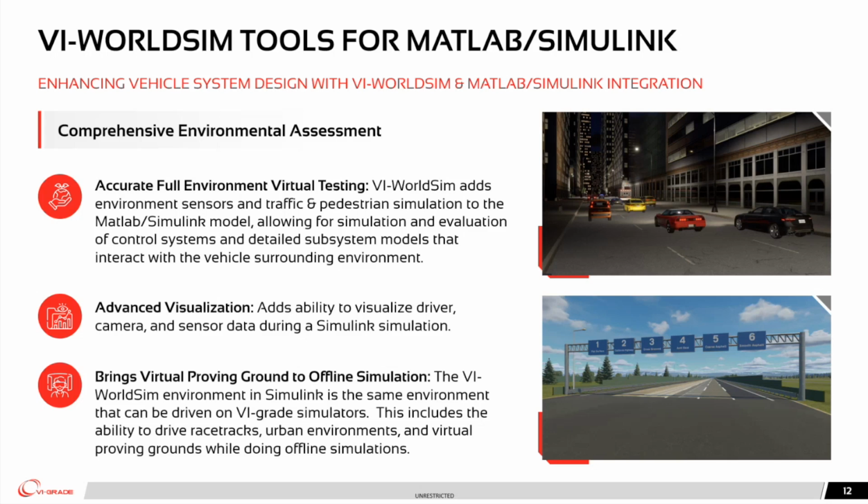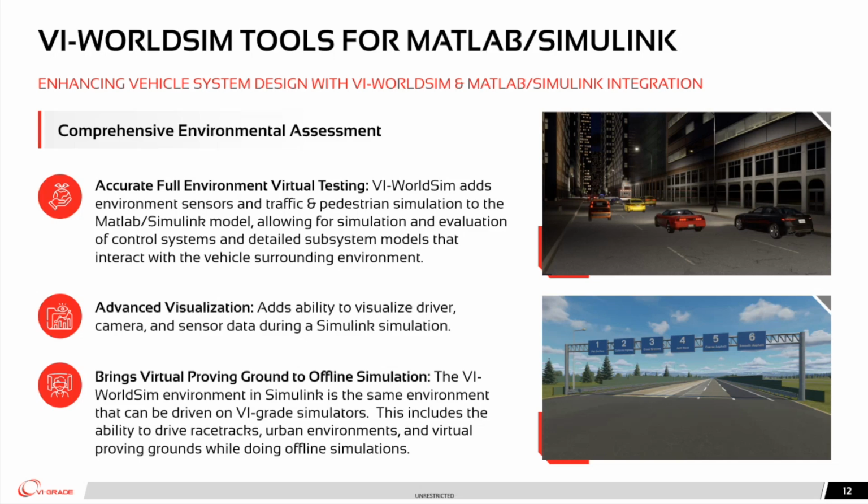Not only does it add those environments, but it also is a graphics environment that will provide all of the visuals back to you as the user, but also any mounted cameras. You can do it at the raw camera level, or you can do it at the virtual camera level, and it brings beyond just the ability to do it, but also environments for virtual proving grounds.